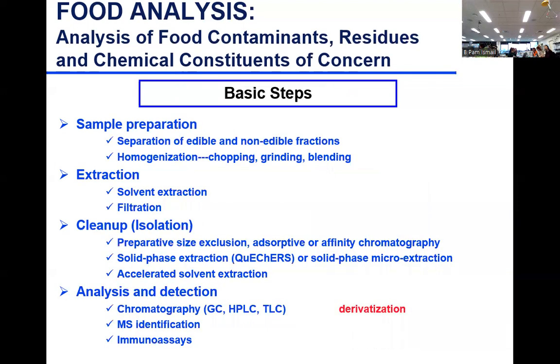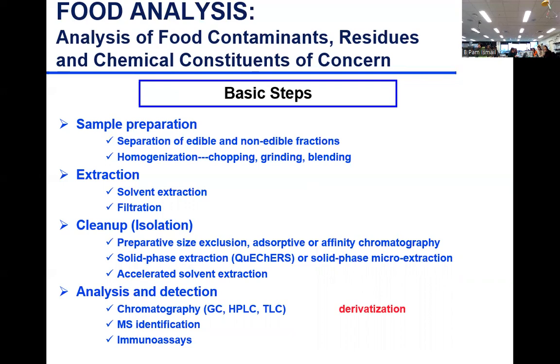So here we expand a little bit: preparing the sample, homogenizing, solvent extraction, filtration, and then start your isolation. Once you get, it can be a series of chromatography. It can be solid phase extraction.